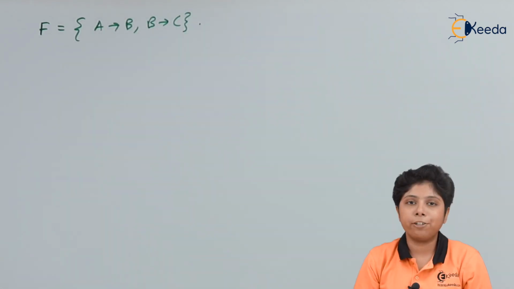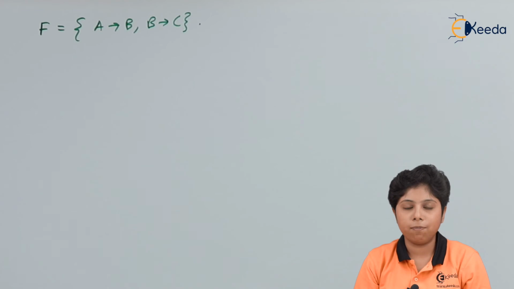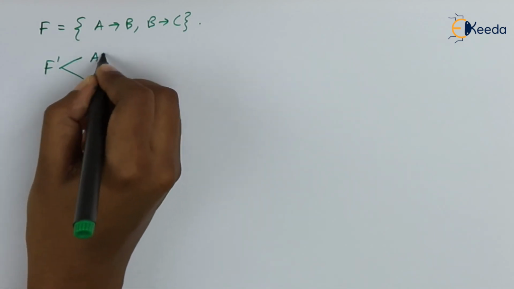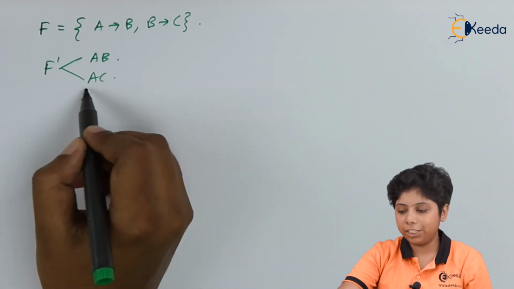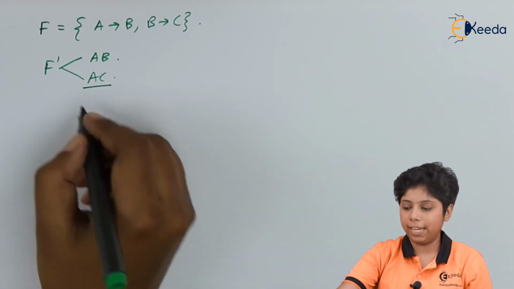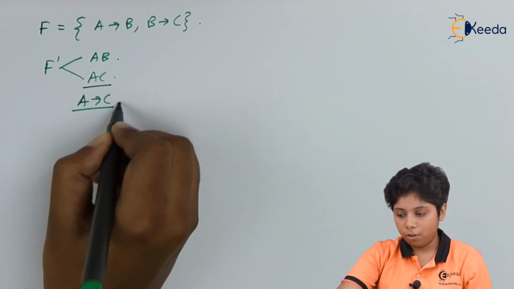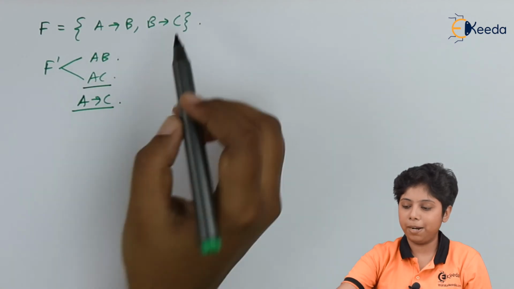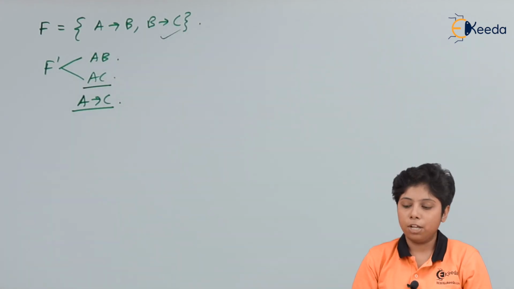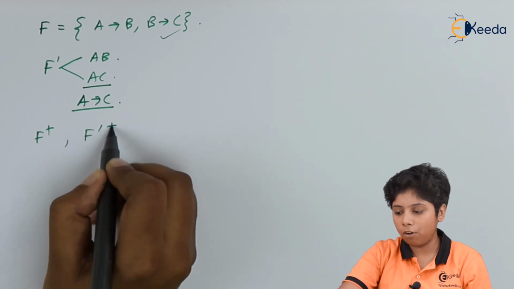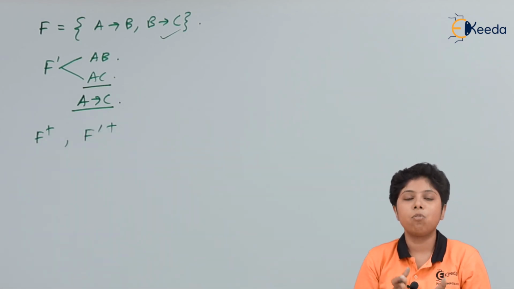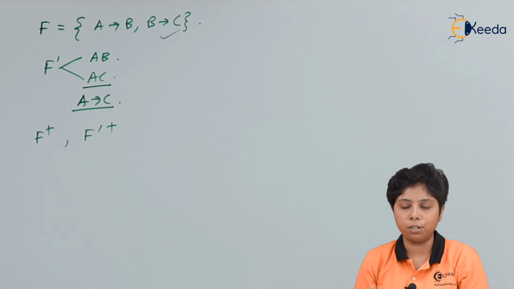Now our attribute set is A, B and C, and we are decomposing it into two parts, AB and AC. The relation AC, in which A defines C, is not present in the dependencies of A. So we calculate F plus and also the closure F dash plus, that is the resultant decomposed closure.